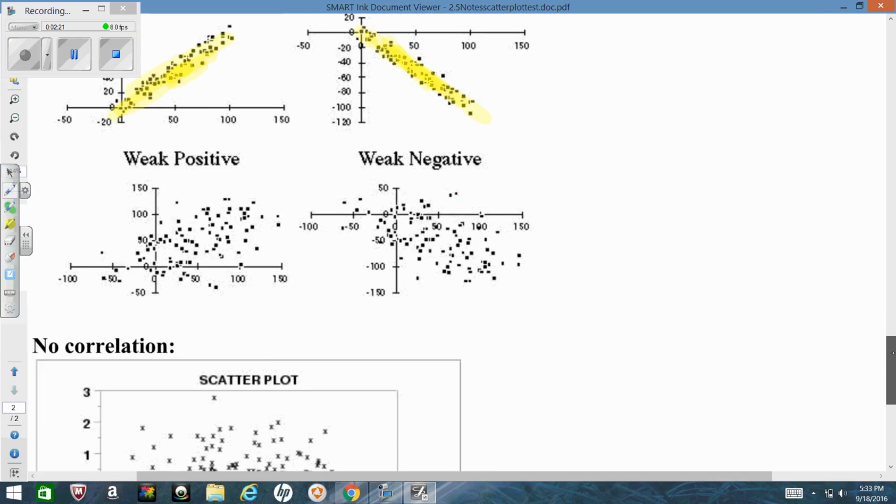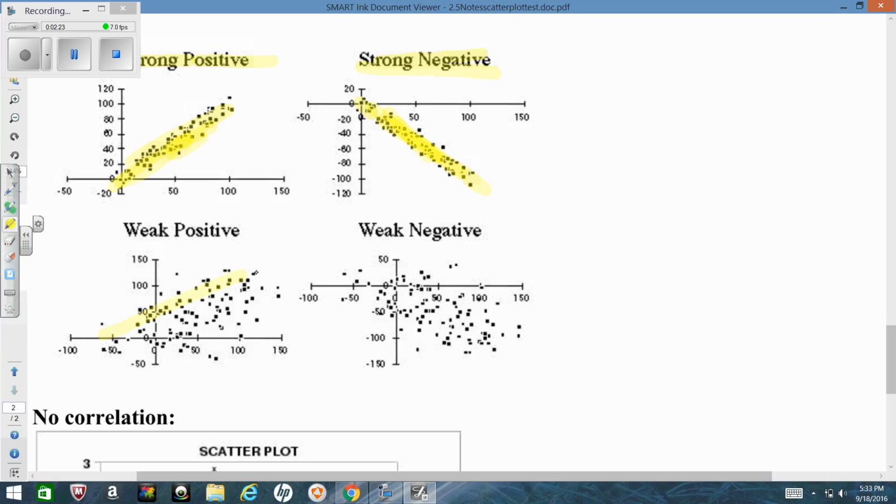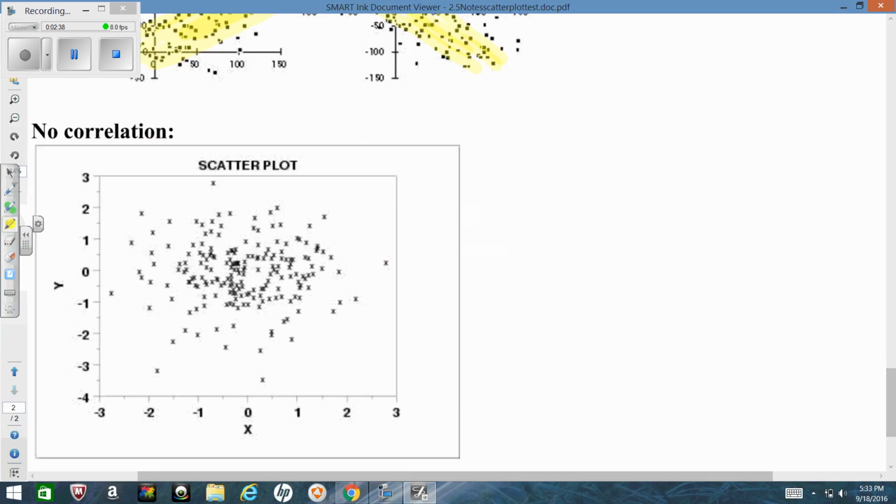The last two are weak positive, still going upward but the data is more spread out, and weak negative, going downward but spread out. You could also have no correlation, which means the data isn't going in any trend. Here the data is making a big circle. It's not going downward or upward, so we call it no correlation.